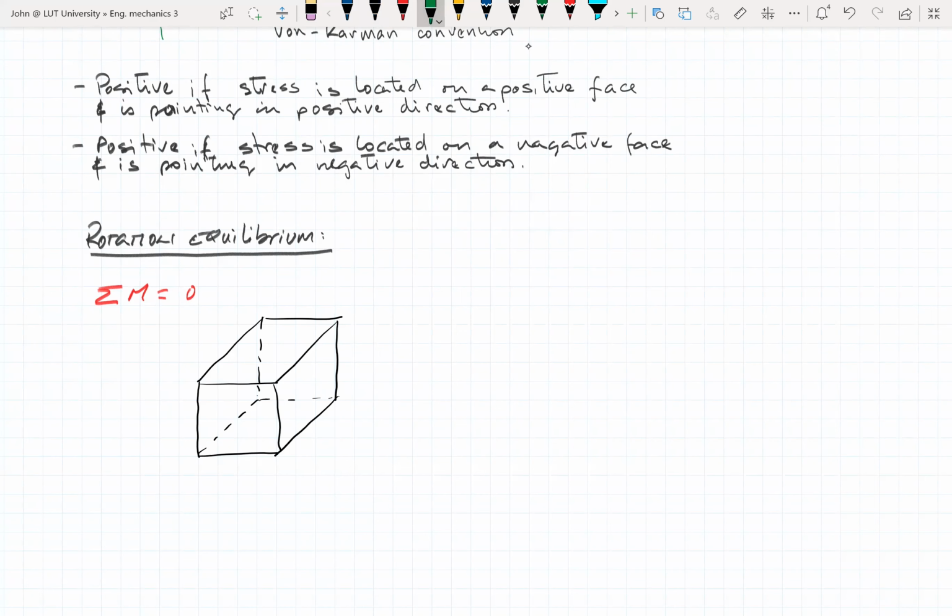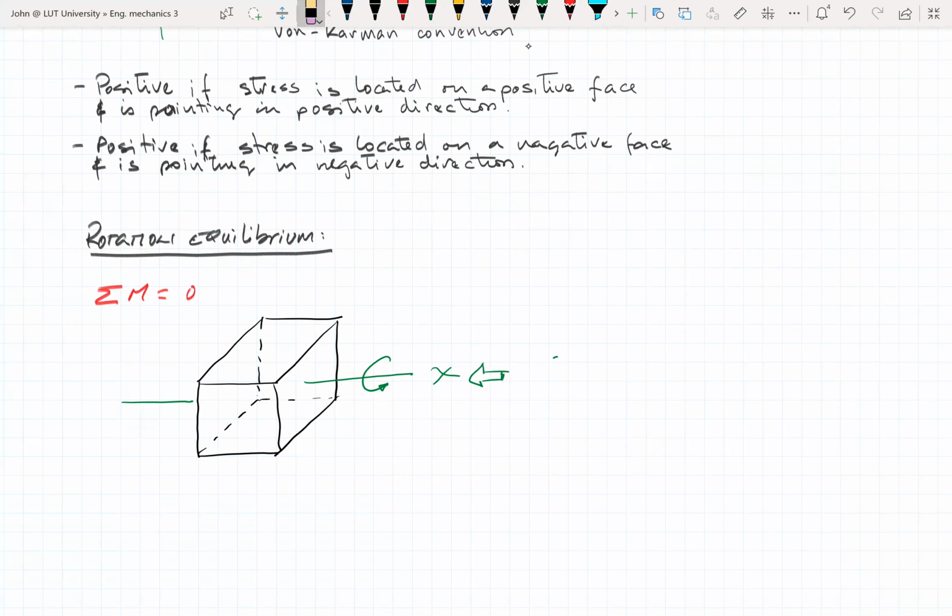I'm going to suppose that the x-axis goes through the cube, in the middle of these faces. This is the x-axis. If I look at the x-axis from this side, I'm going to consider that the moment is positive if it turns the cube counterclockwise in this direction.